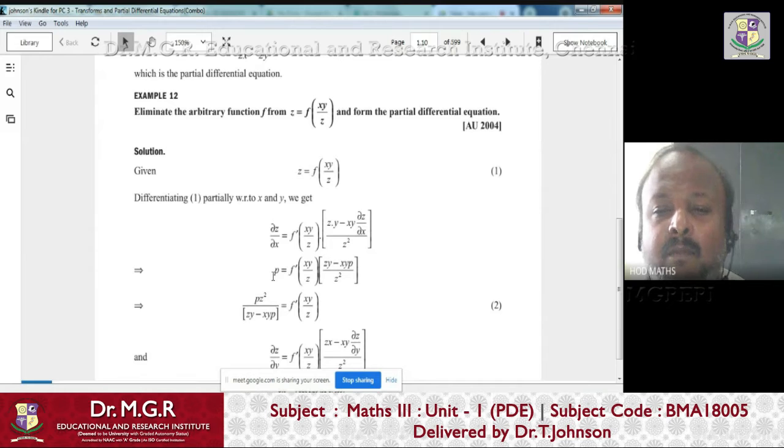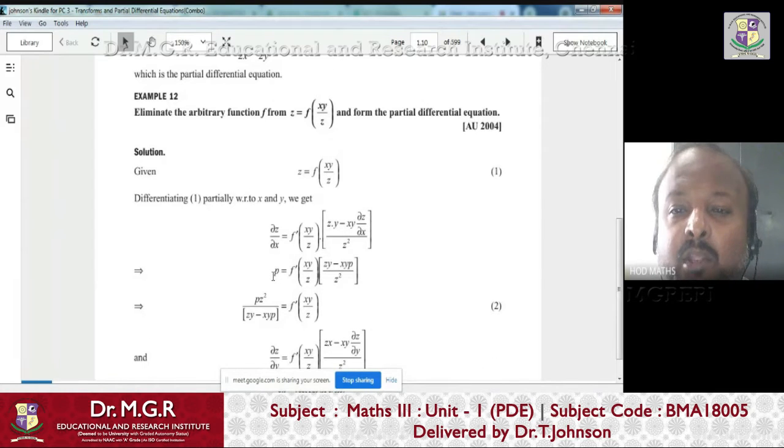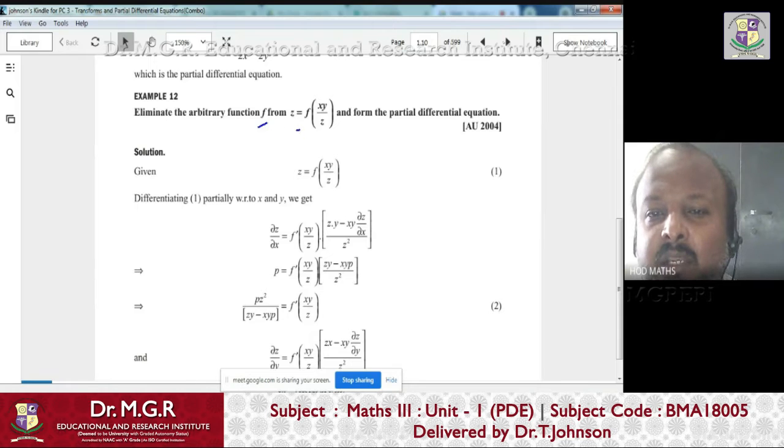But remember, for all these things, you should know basic differentiation and differentiation methods, the UV method, the U by V method, and you should know the basic substitutions. All these things you should know. Then only you can do it. So now we move on to example 12, that is eliminating the arbitrary function f from the equation z equals f of xy by z.